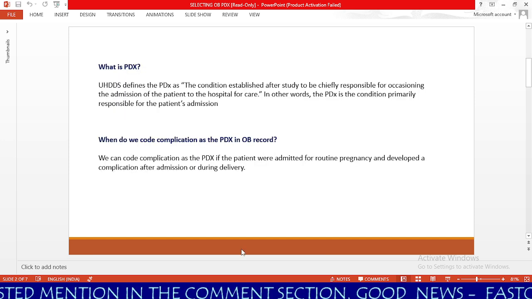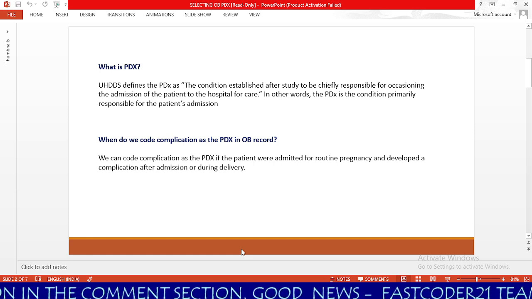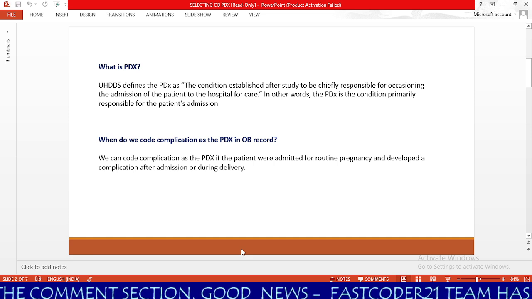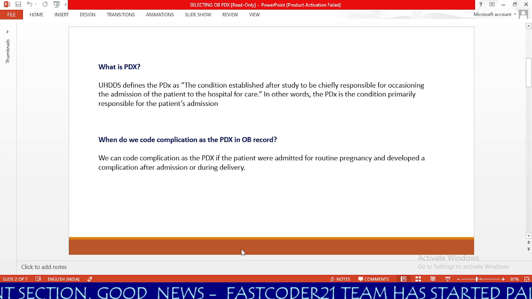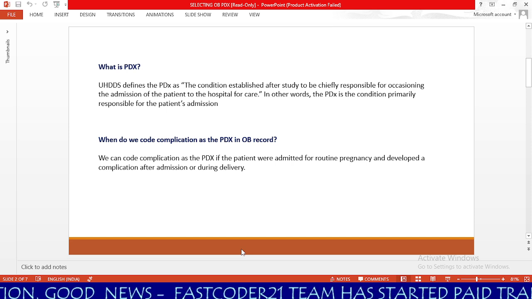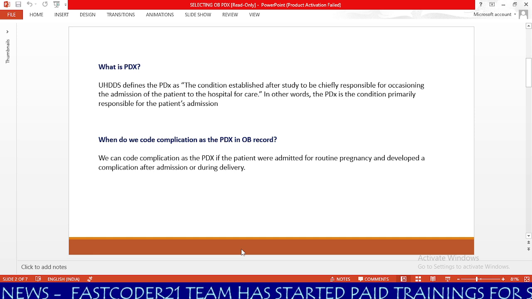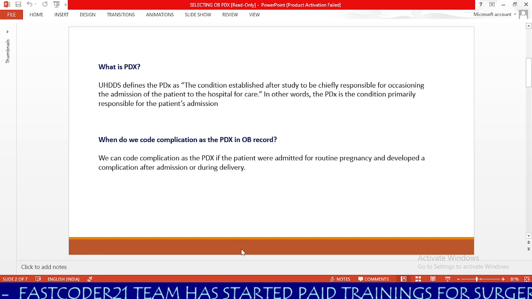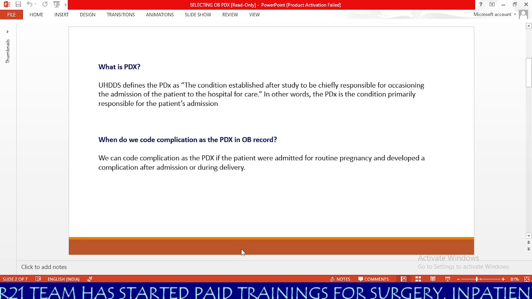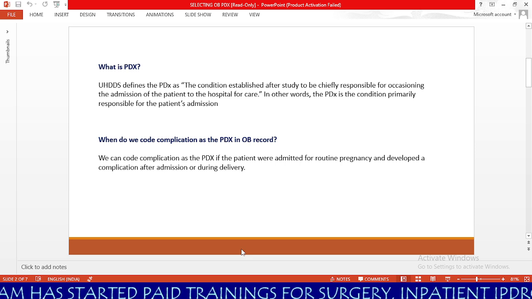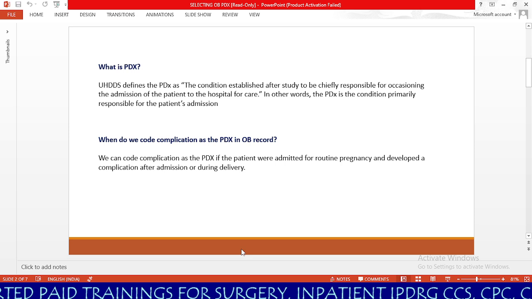As we learned initially, we can code a complication as the PDX if the patient was admitted for routine pregnancy and developed a complication after admission or during delivery. After Stacy's admission into the hospital, she developed preeclampsia initially, and during delivery she developed a perineal laceration. So we need to code preeclampsia as well as the perineal laceration, and preeclampsia is the PDX, as it is the initial condition for which the patient was treated.